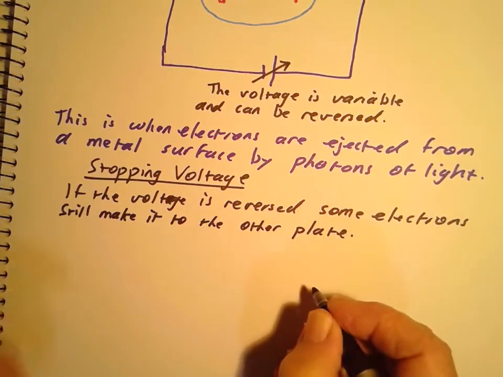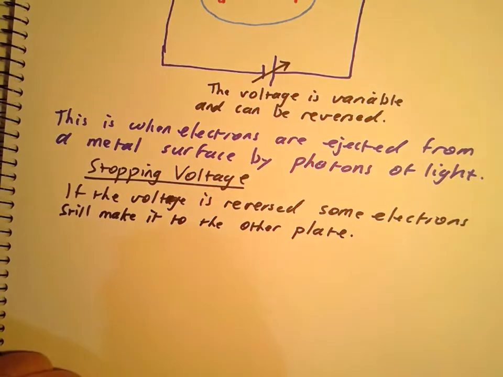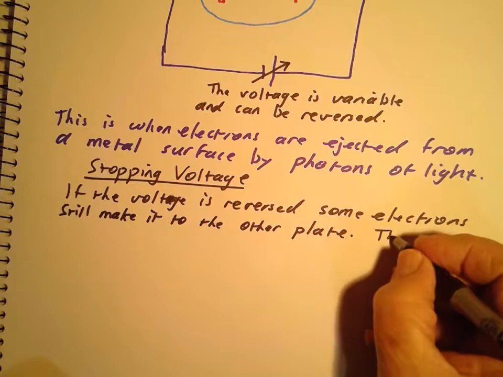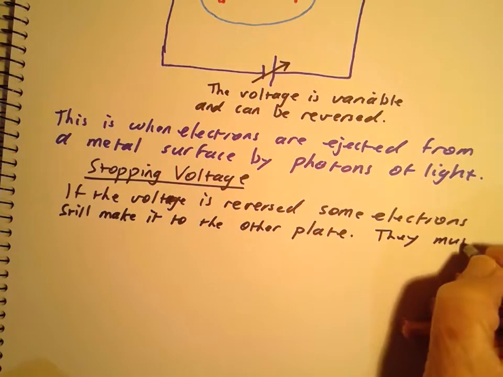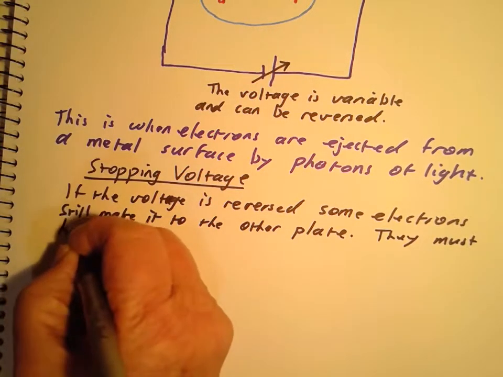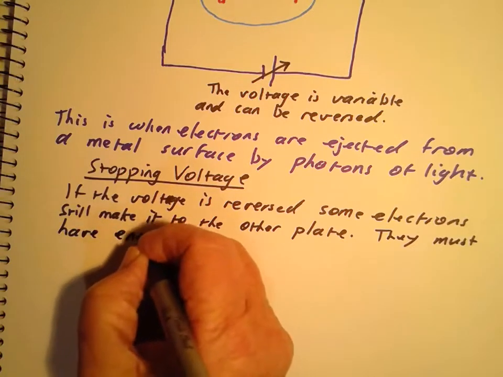Some electrons still make it, and that means that they must have gained energy from the photons.